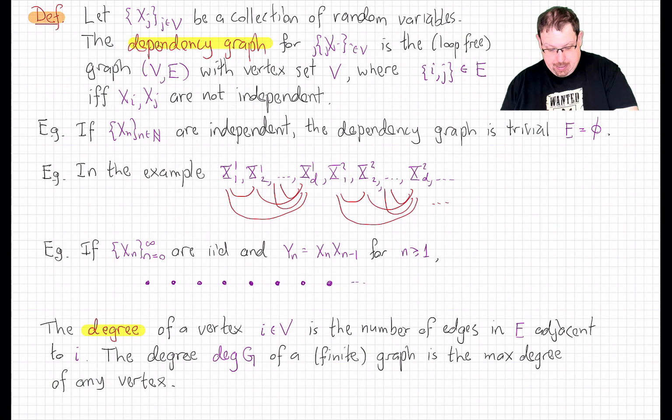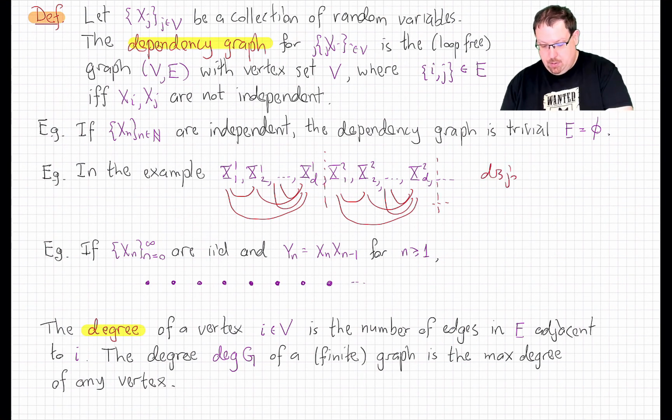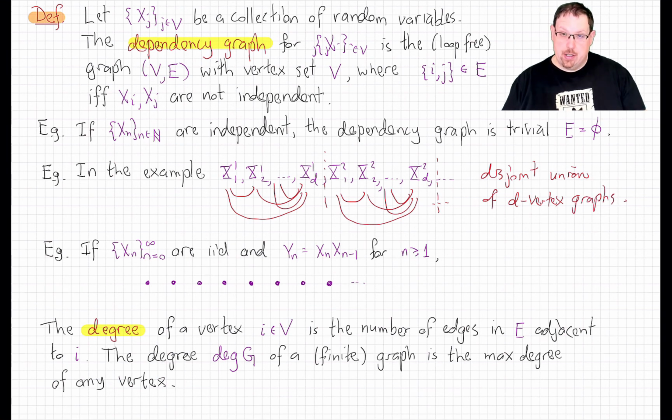But in this case, the key feature is that the graph is segregated. It's really just a disjoint union of d vertex graphs, all of which are isomorphic. And it's that structure that allowed us to easily morph this example into a classical central limit theorem approach.